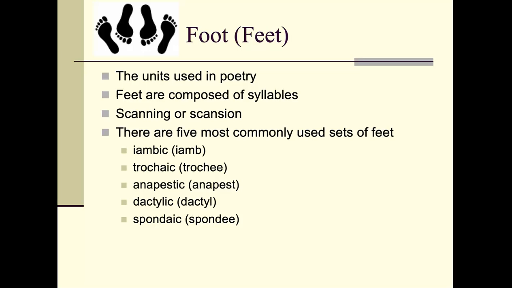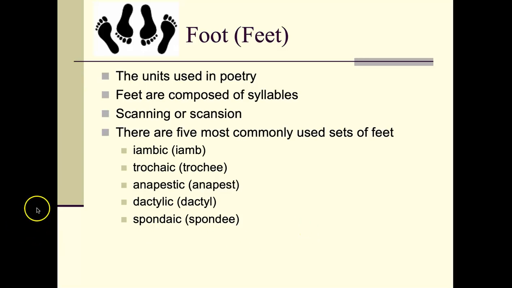Free is stressed, dom is unstressed. Heaven, so you can see how it's a little different. Afraid, freedom. We've got anapestic or anapest, and that would be 2 unstressed syllables followed by a stressed syllable, in a flash or to the dark.